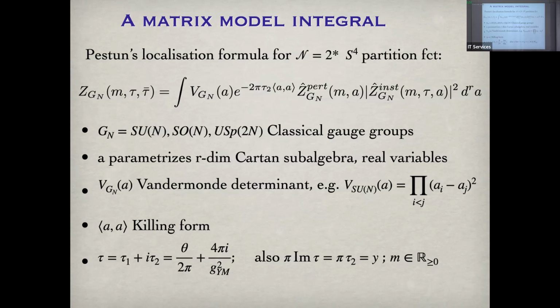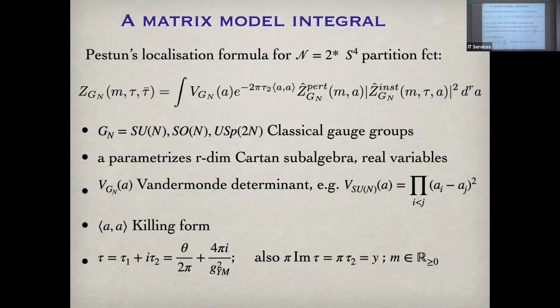So I'm always going to be writing, I apologize to mathematicians, I don't write it as x plus iy, I write it as τ_1 plus i τ_2, and y is π τ_2. The reason is that when we use this variable y, everything will come out with nice transcendentality properties. Very good. And in physics language, the imaginary part is the inverse of the Yang-Mills coupling.